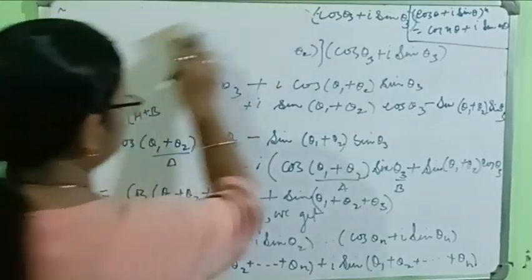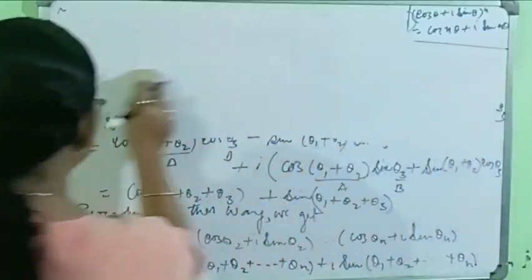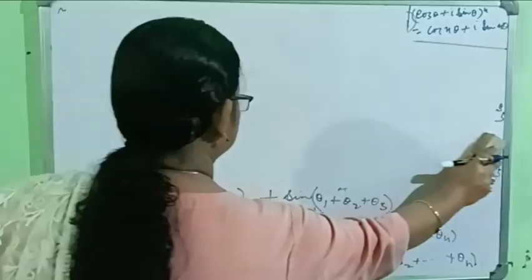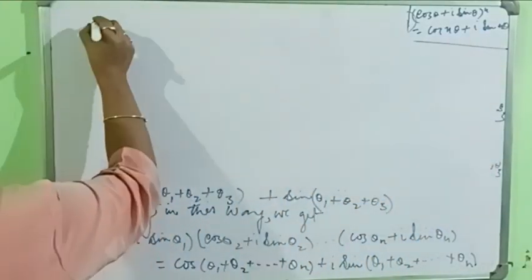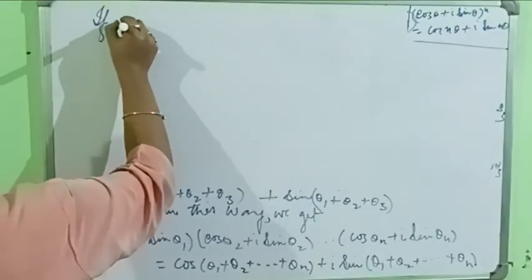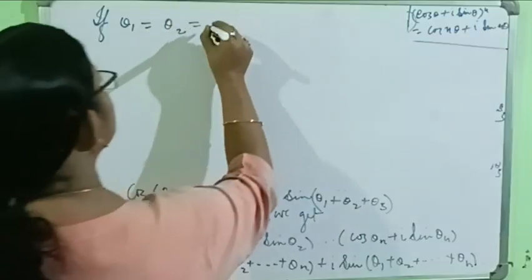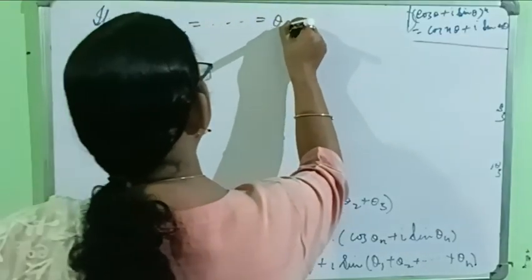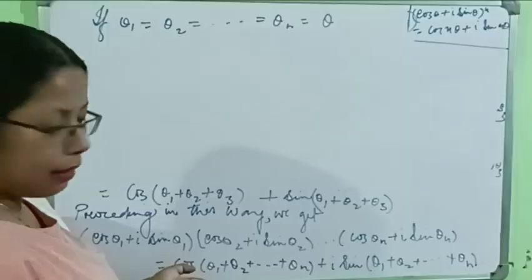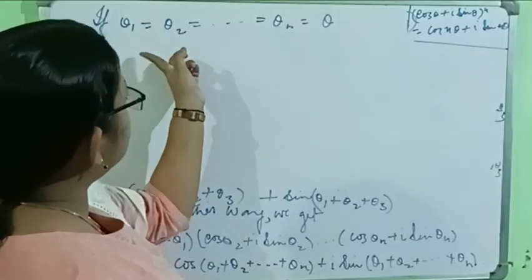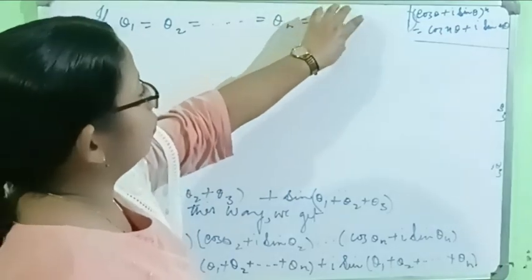Next, if theta 1 is equal to theta 2 up to theta n, and it is equal to theta, that means all the theta i's are equal, i ranges from 1 to n, it is equal to theta.